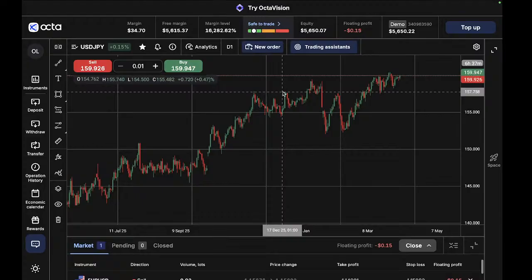So USD JPY, and this is the higher time frame. So we're going to look at it from the higher time frame down to the lower time frame. Okay, at this point we're going to track momentum, we're going to track support and resistance zones.